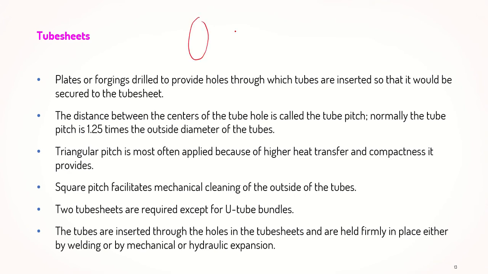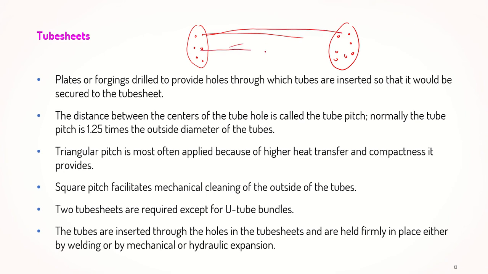So these plates are actually drilled, so we have something like this. It drills to provide holes, so we insert the tubes so it can hold the tubes. For example, this is not a really good drawing, but actually it holds the tube.